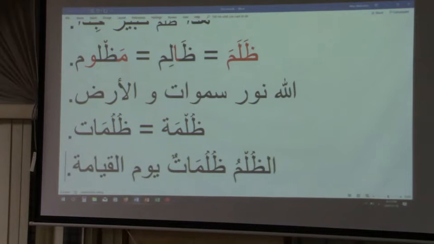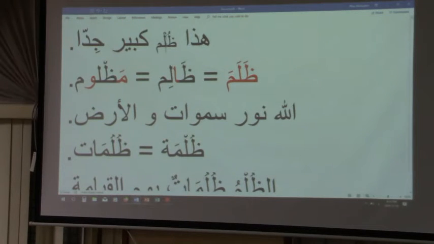So again, I'm repeating. ظلم is to oppress. I'm going back to the first word we did: ظلم is oppression. The root word ظلم. فاعل, ظالم. مفعول, مظلوم.